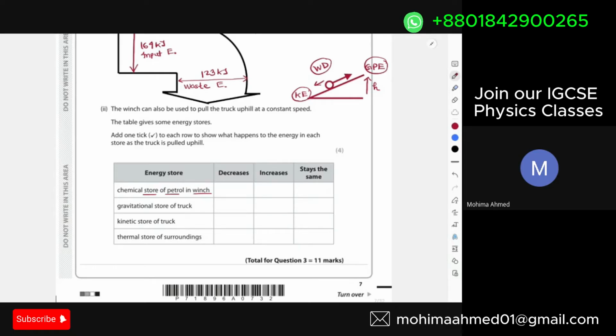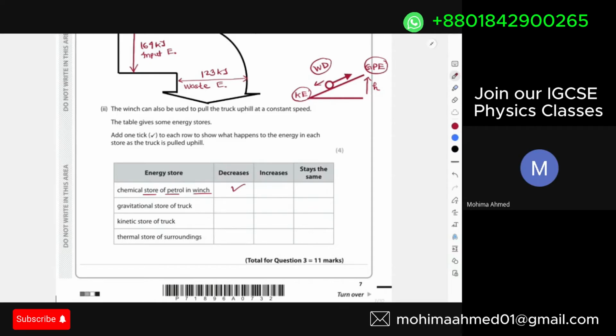If the engine is burning fuel, the volume of the fuel is decreasing. Eventually the chemical store of the petrol in the winch is also decreasing, right? Because the fuel is getting used up. The volume of the fuel is decreasing, so less is present to carry out the chemical reaction to release chemical energy.